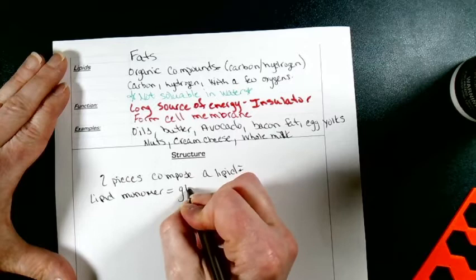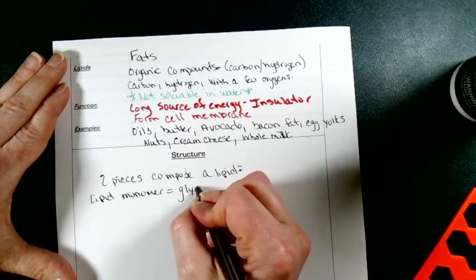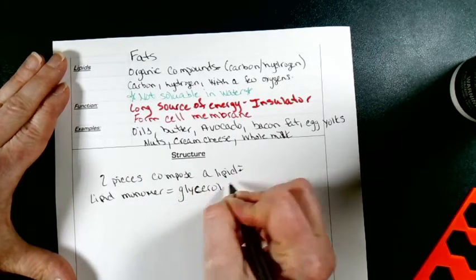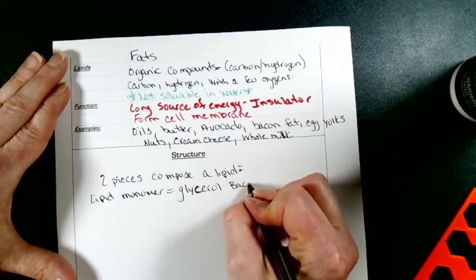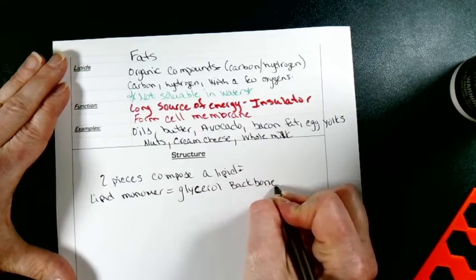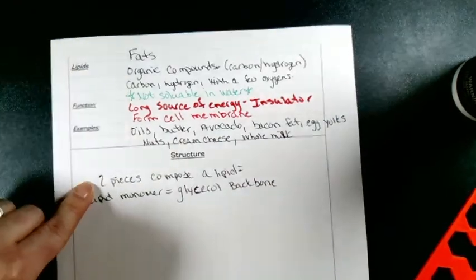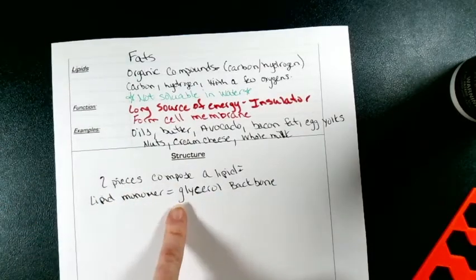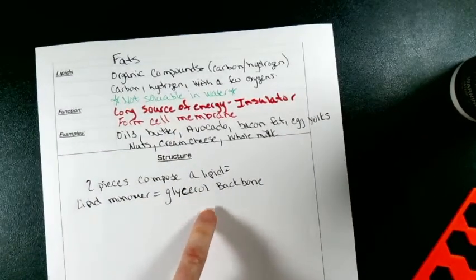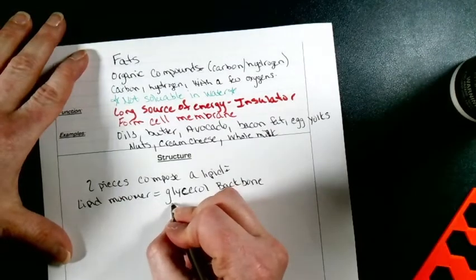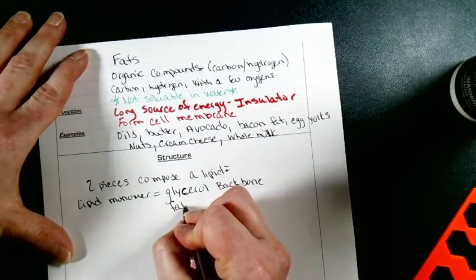A glycerol backbone is one part. So two pieces compose a lipid. The two pieces are called a glycerol backbone and fatty acid tails.